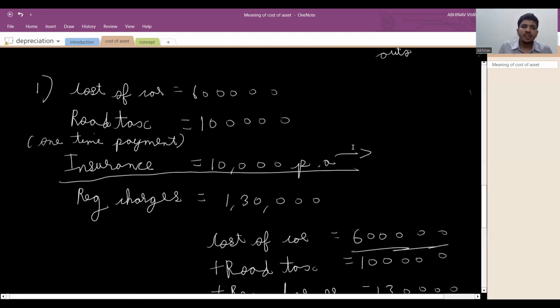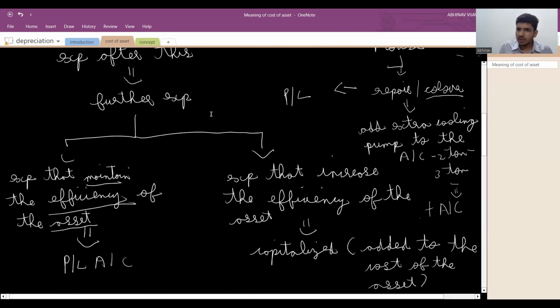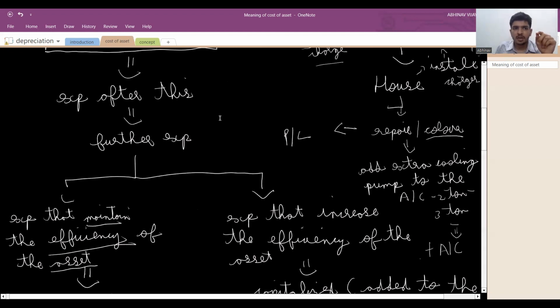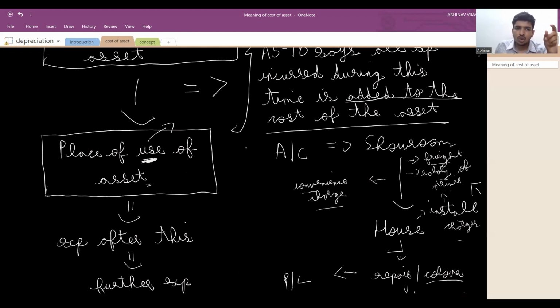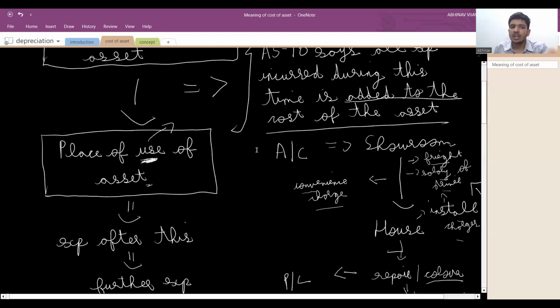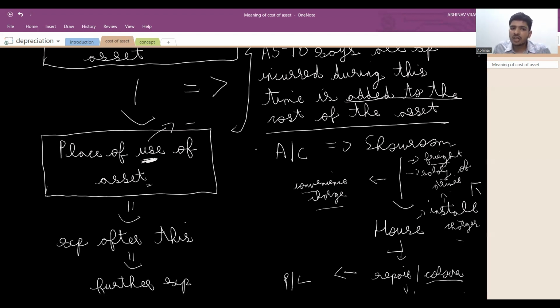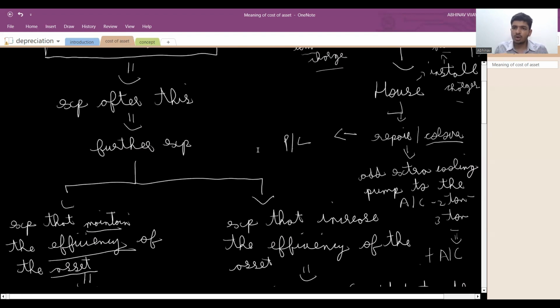Why won't it come under further expenses? This is the question in your mind, right? You're right, but like I told before, only after installing can you use the asset. So it is assumed that these charges come before it is brought to the place of use. Just keep this in mind. Installation charges is the only slightly different entry; no other entry in accountancy is different. If you remember this concept, you'll remember it throughout your life.